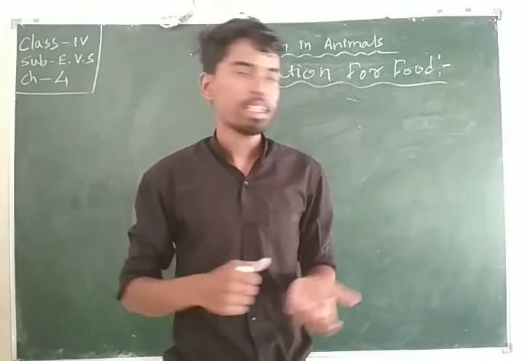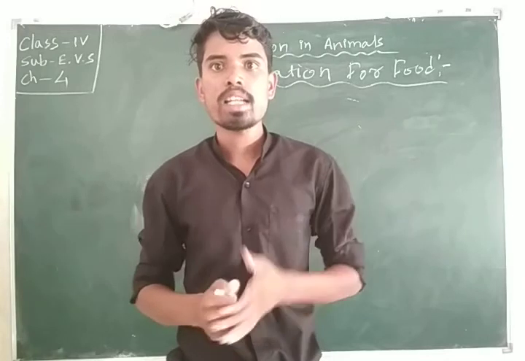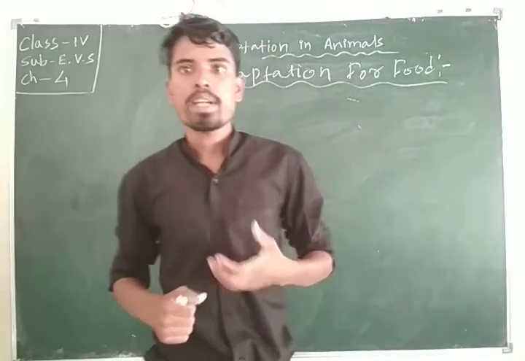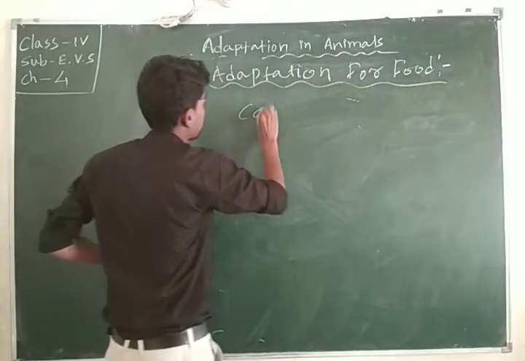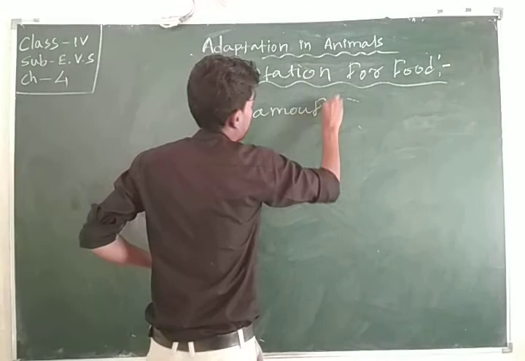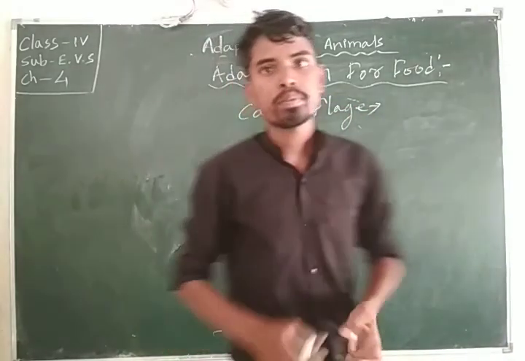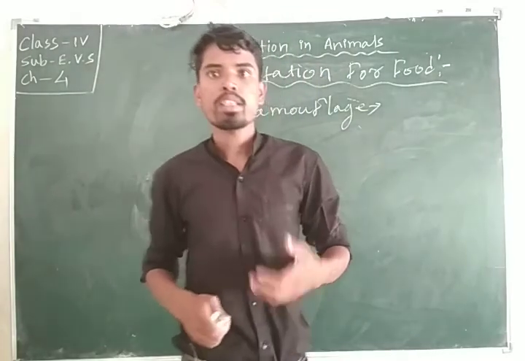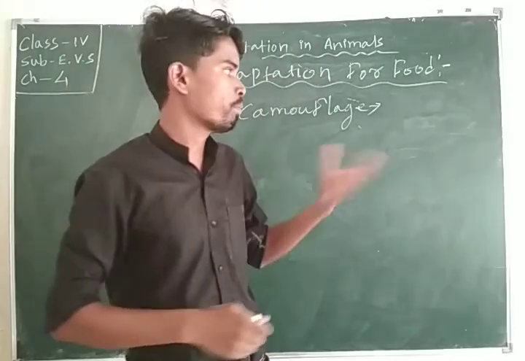Some animals, like grasshopper, chameleon, garden lizard, and snake, have a special type of adaptation called camouflage. This helps the animals hide from their predator and prey.